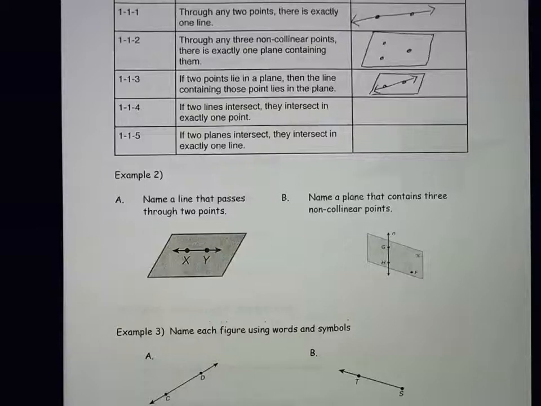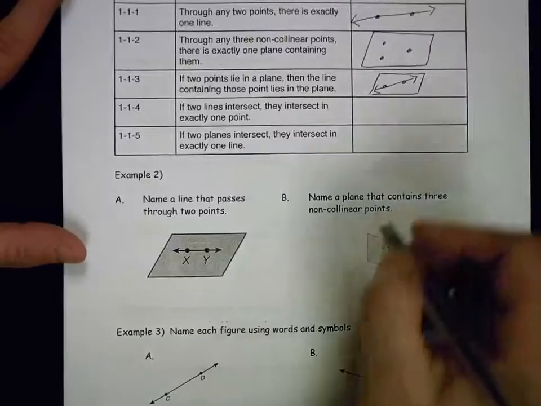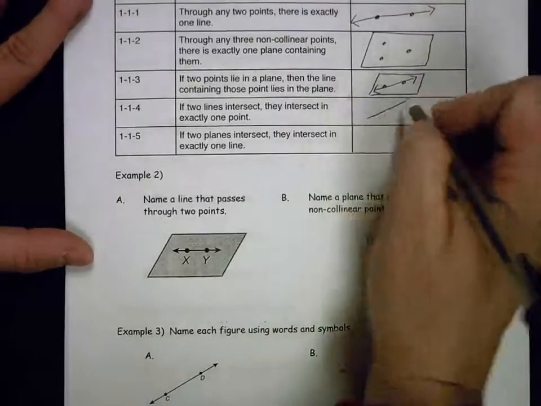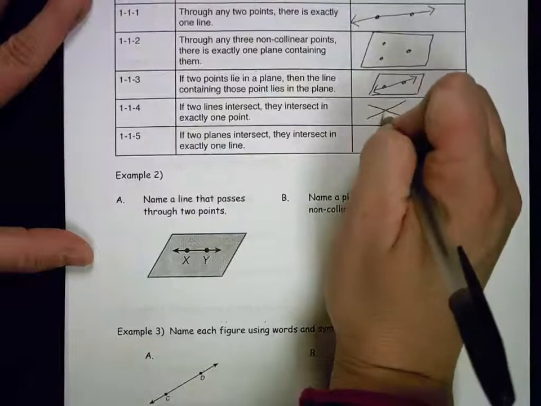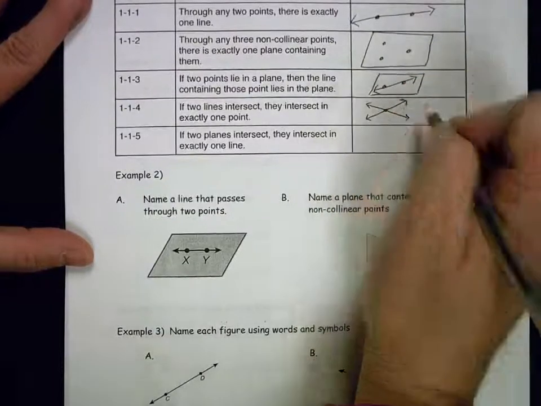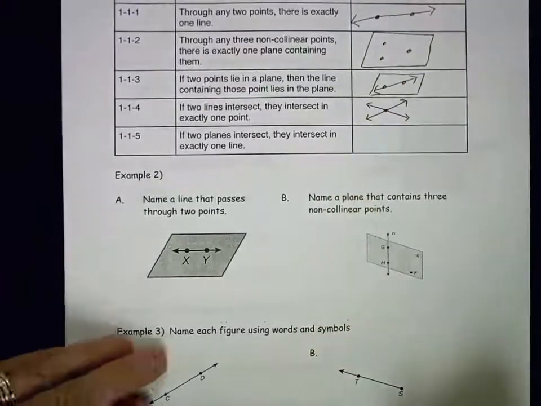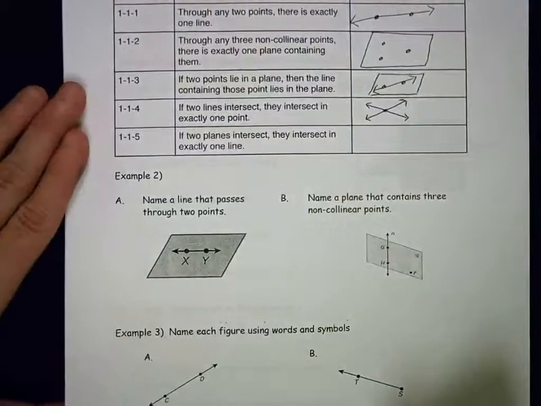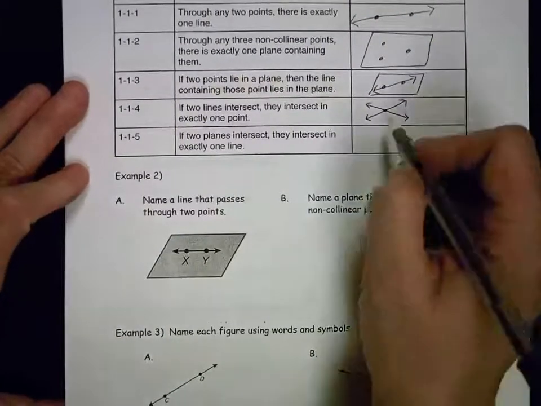Next one, if 2 lines intersect, they intersect in exactly 1 point. So we're going to have 2 lines, they intersect, and that is the point.